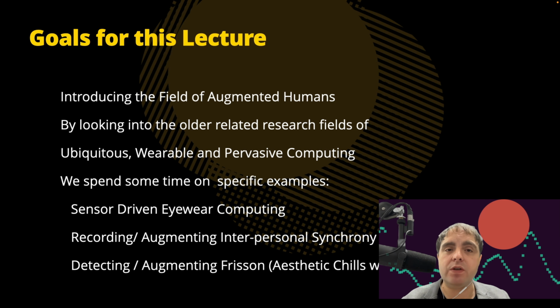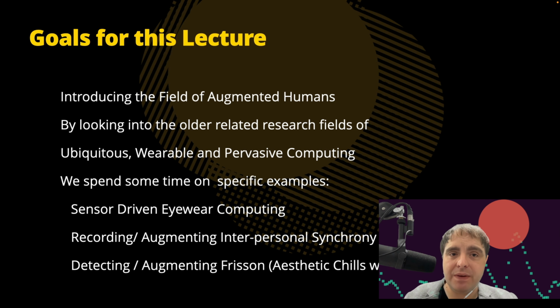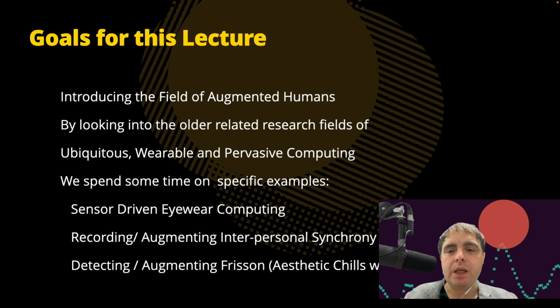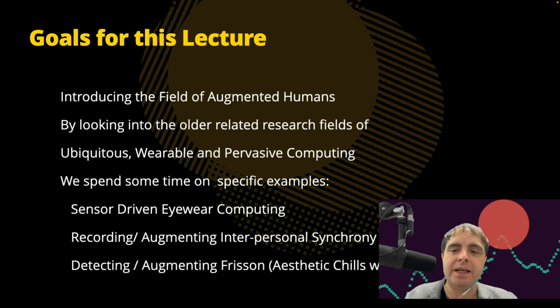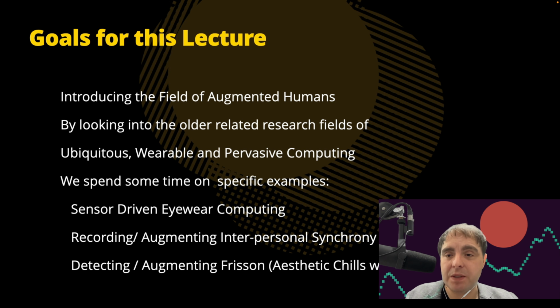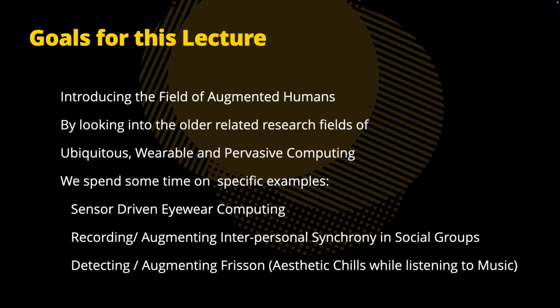We will be focusing especially on activity recognition, and then moving on also to cognitive states and cognitive activity recognition with everyday sensors with unobtrusive sensing. And then we define augmented humans and go into several specific examples.